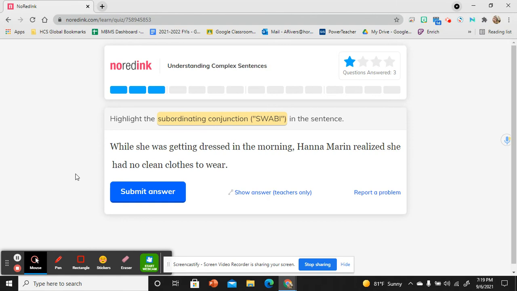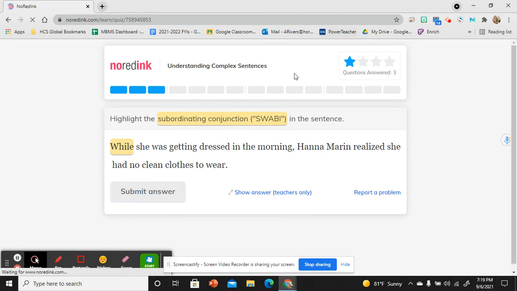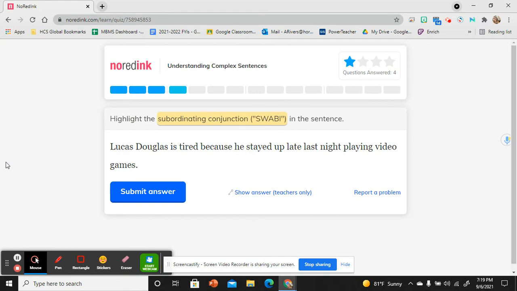So that's going to kind of signify to me, because I can flip-flop that sentence, and the main parts of this sentence, this section and this section right here, are both complete thoughts. I'm going to go ahead and safely guess that this word, even though it's not since, when, after, because, or if, is probably my subordinating conjunction. I'm going to click on it, and I'm correct.